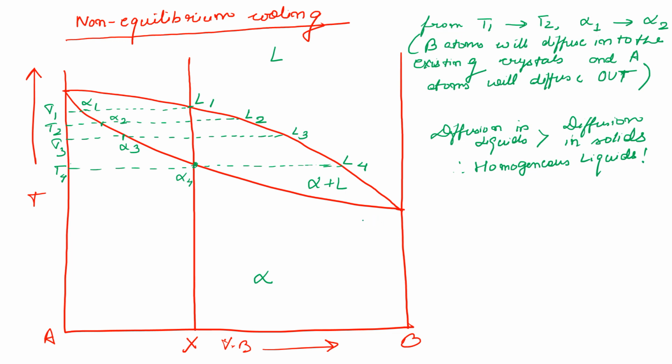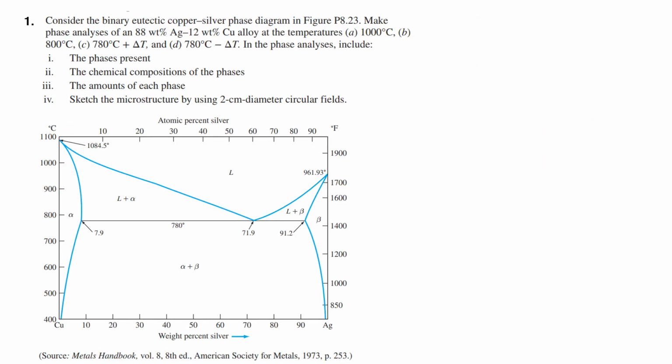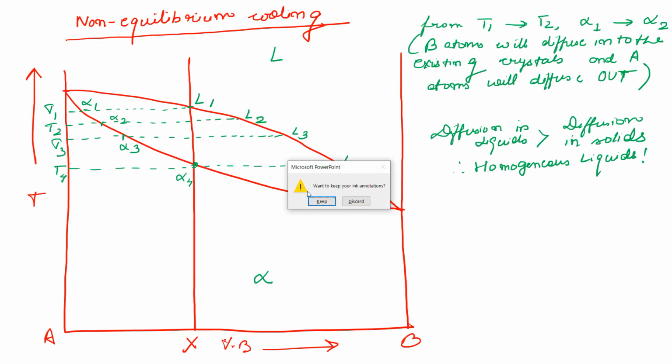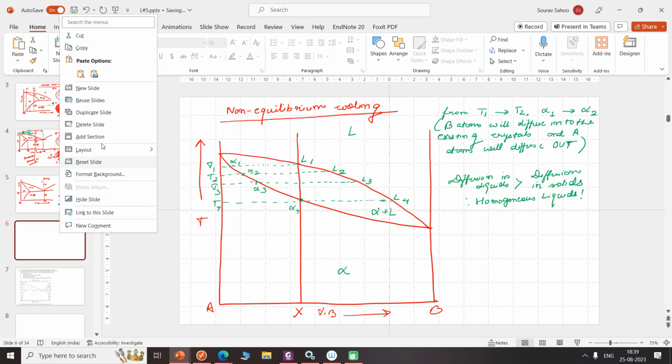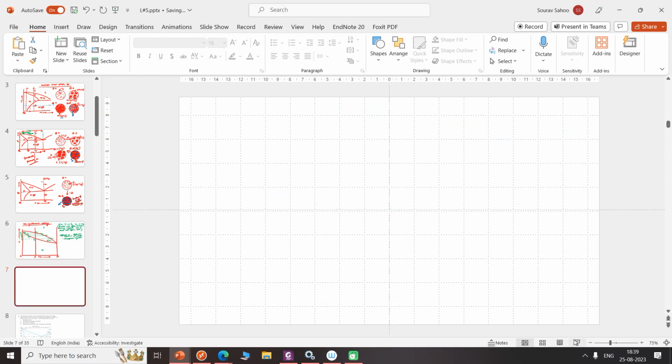So as you cool down, and draw the next slide, let's say initially we have a crystal of alpha 1.